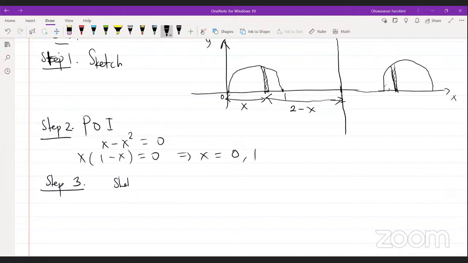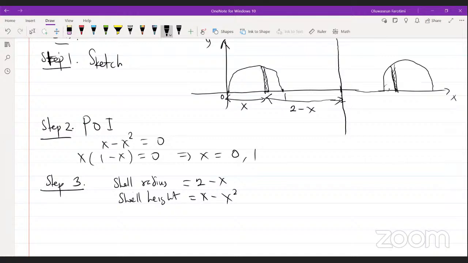Step 3, so what is my shell radius? My shell radius is 2 minus x. What is going to be my shell height? My shell height is not going to change, guys. It's still just going to be x minus x squared because this is just one curve. So in this case, if you do x minus x squared minus 0, it doesn't change anything.